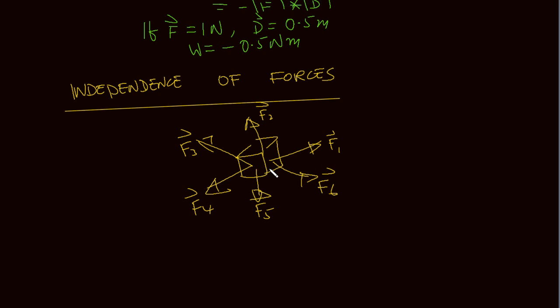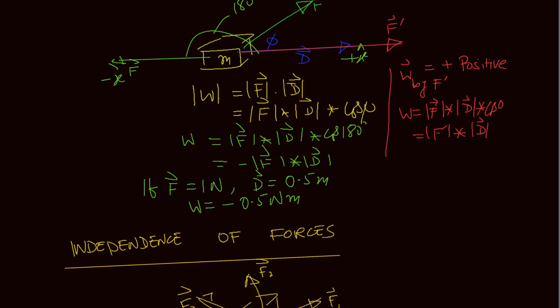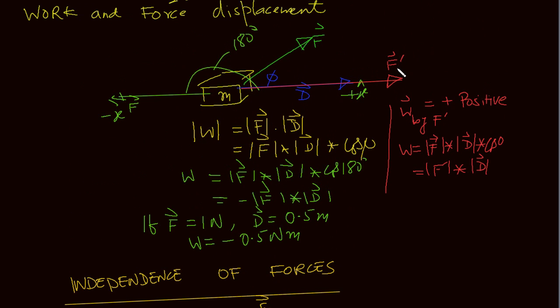They all act as if they are independent of each other. This is not intuitive, but each force acts as if they are independent of each other. So that's why this F prime and this F were going in exactly opposite directions, and as a result, because F was smaller than F prime, the work done by F is negative and work done by F prime is positive.